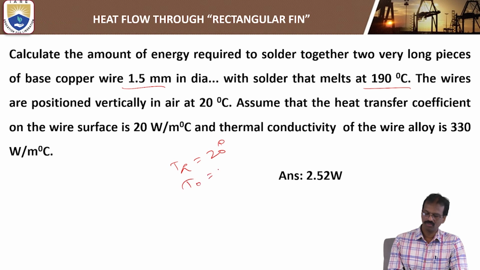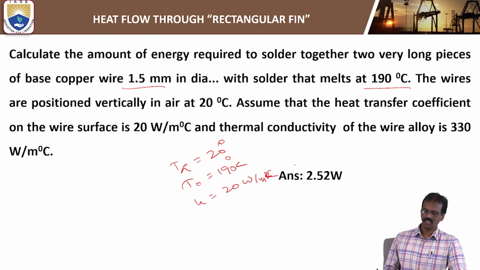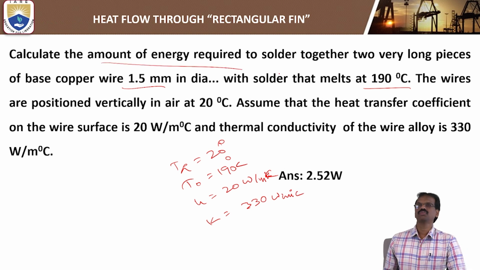T naught is equal to 190 degrees Celsius. Assume the heat transfer coefficient h is also given, 20 watt per meter degree Celsius. Thermal conductivity k is also given, k is equal to 330 watt per meter. So calculate the amount of heat required to solder this one.